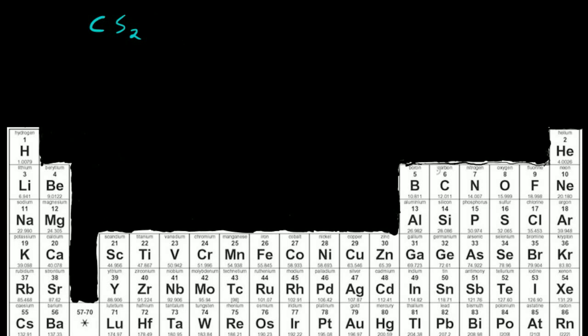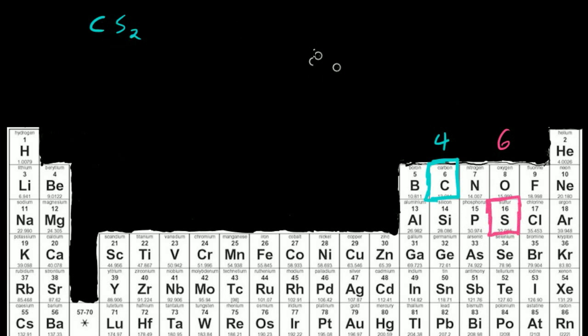So we are going to have carbon, which is right here, and carbon is going to have 4 valence electrons. And then we're also going to be dealing with sulfur, which is right here on our periodic table, right under oxygen. And sulfur is going to have 6 valence electrons. So what is going to be our central atom here?